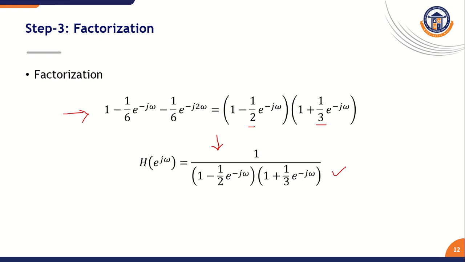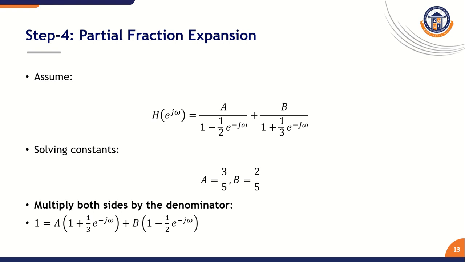After this, we can apply partial fraction expansion. Assume the term like this: A divided by 1 minus 1 by 2 e power minus j omega plus B divided by 1 plus 1 by 3 e power minus j omega.